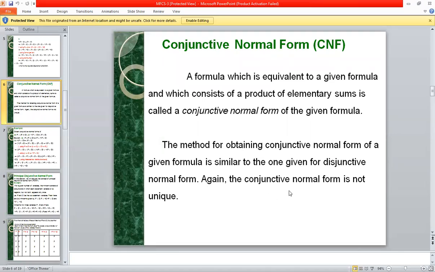Again, the conjunctive normal form is not unique. So the conjunctive normal form is equivalent to a product of elementary sums. Let us consider an example.